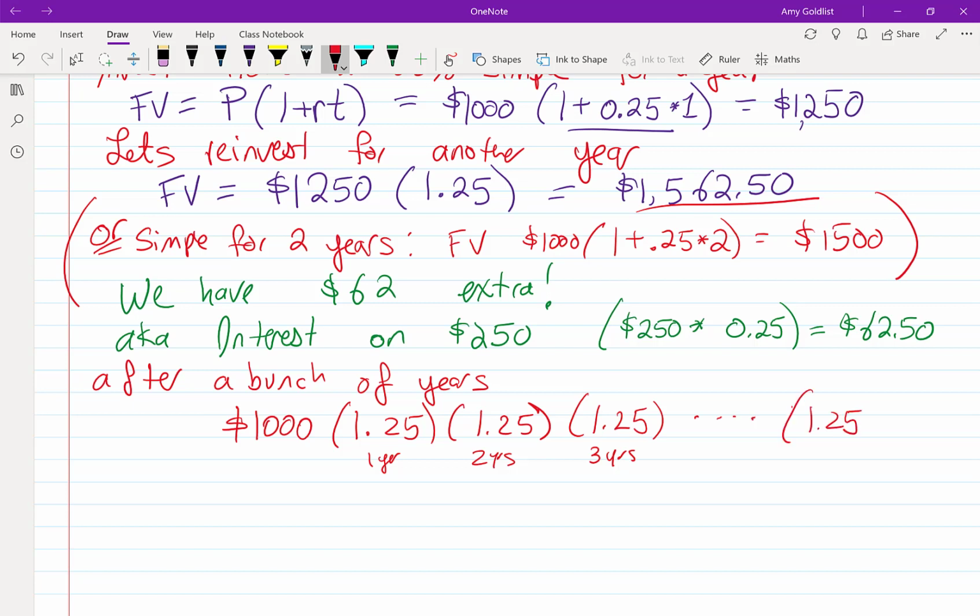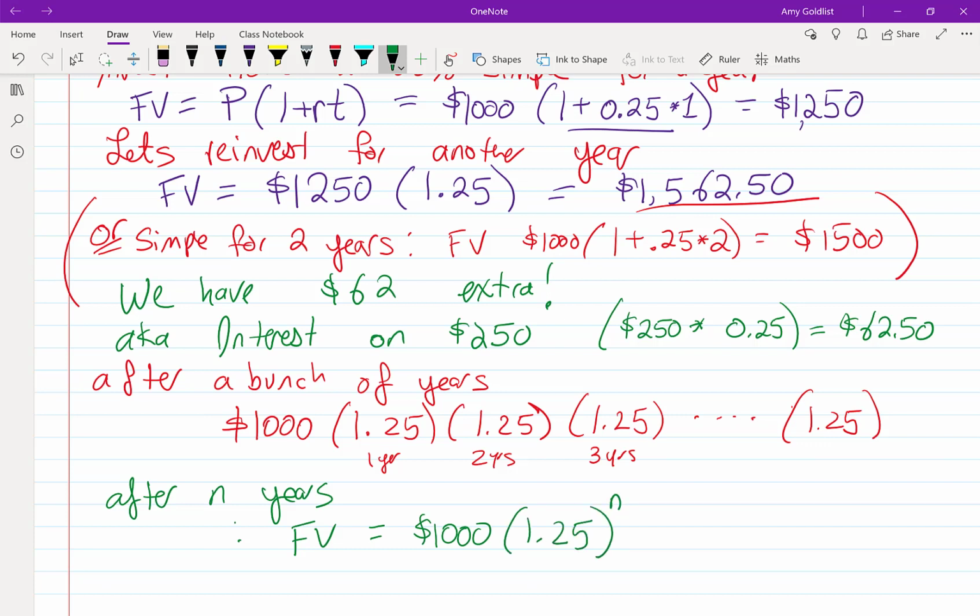And I do that a bunch of times. So after n years, where n is a big number, or any number, future value equals 1,000 times 1.25 to the power of n. I'm multiplying this together n times. That's an exponent. So now I have an exponential equation.